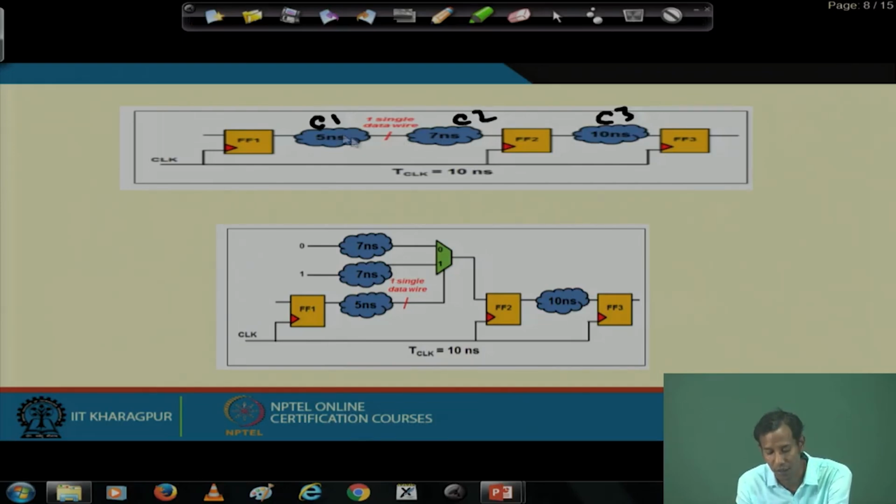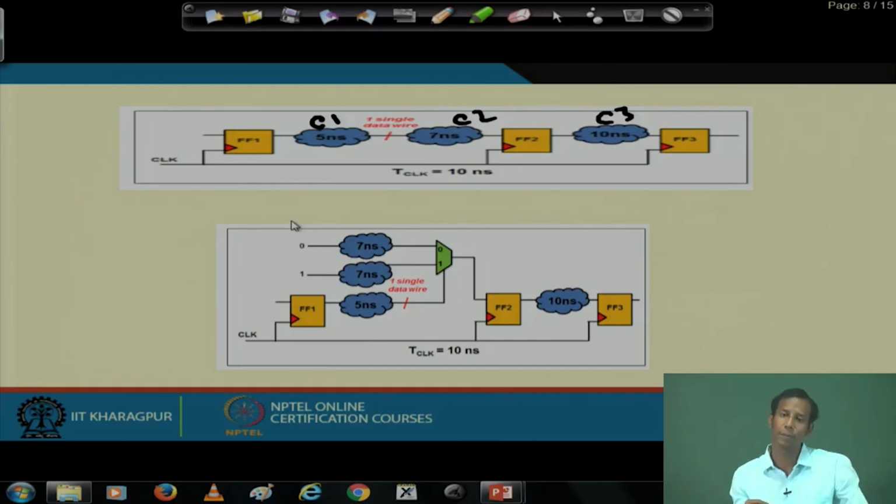Actually, here we are finishing this combinational task, and then depending on it, we are starting the combinational task over here. But instead, we can compute this 5 nanosecond and 7 nanosecond in parallel. Depending on the two values, one considering 0, another considering 1, since this is a single wire, it will be either 0 or 1.